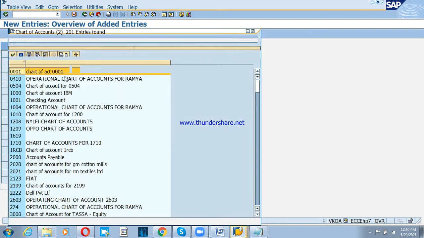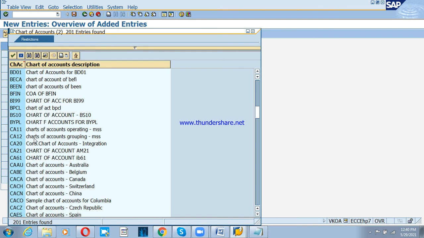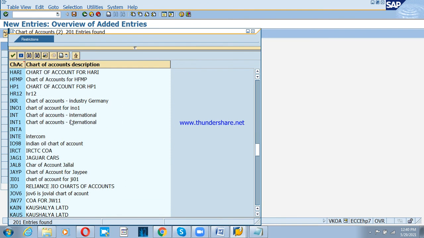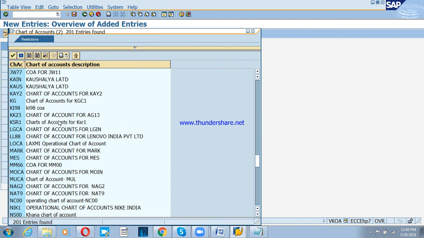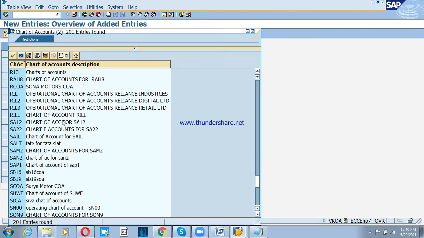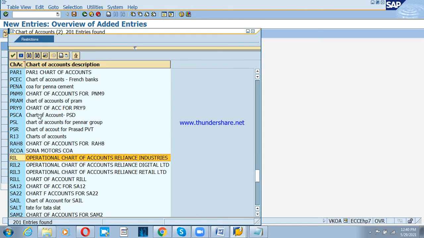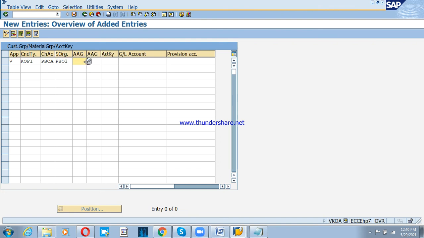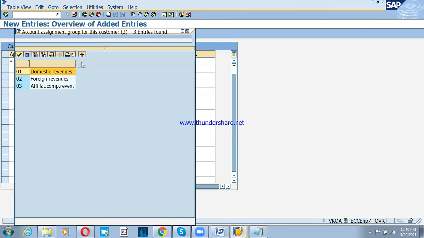Chart of account we created at financial accounting level. So I am selecting PSCA, I think. Then sales organization, we just saw the sales organization PS01. Then account assignment group, as I told you, first one account assignment group is related to customer and second one is related to material. First one will place a 4.